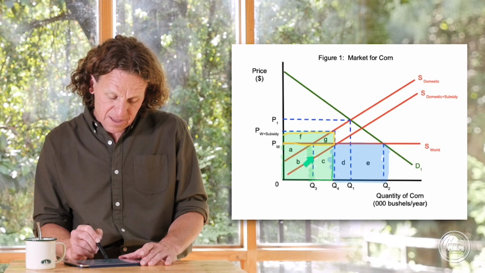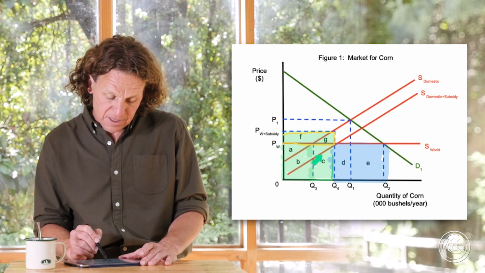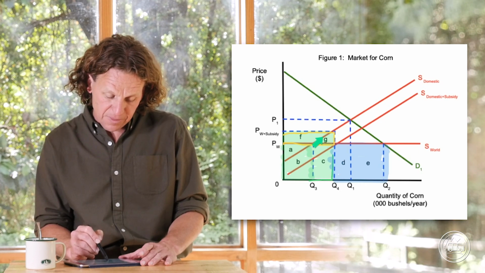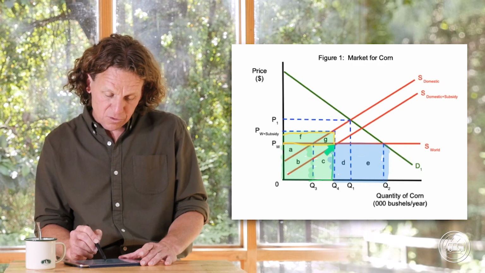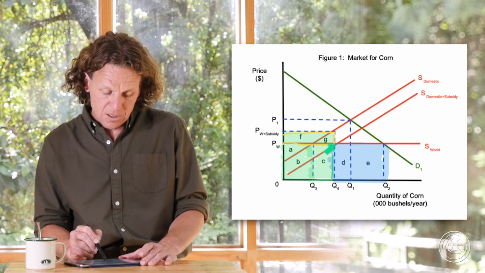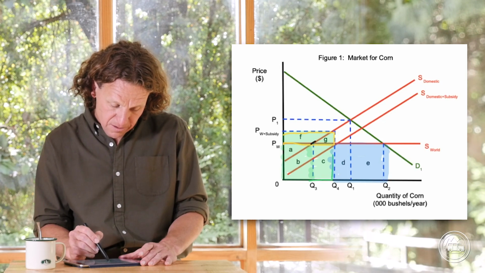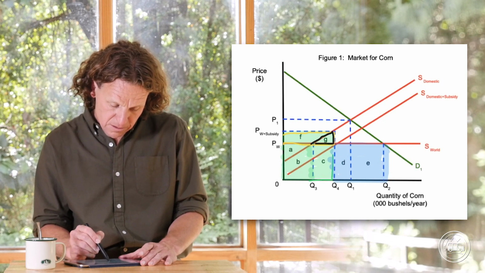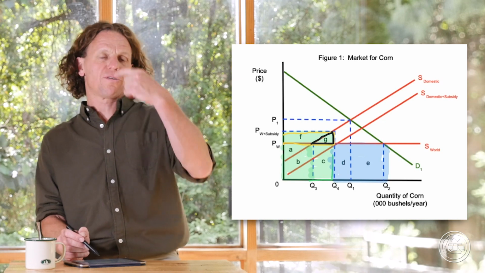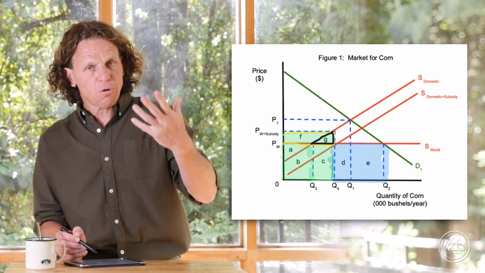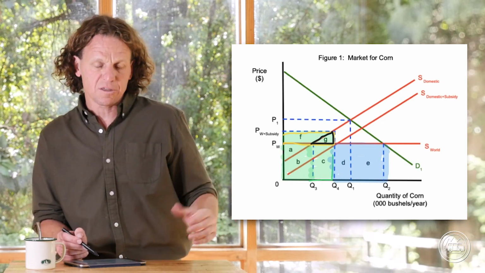So now all of these producers, these people here who used to be up there, got the subsidy, so now they can produce corn at the PW price. So there's a welfare loss here of the triangle G. G represents both welfare loss and a portion of the revenue that goes to United States producers.